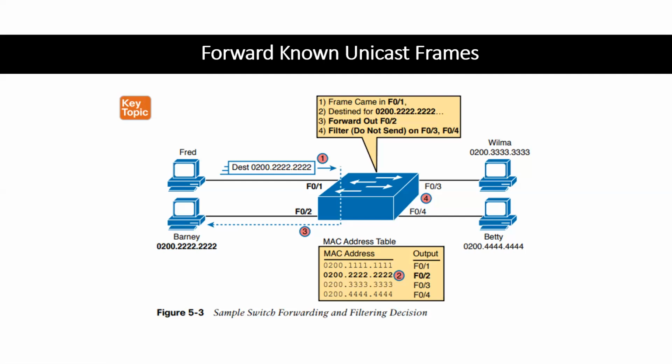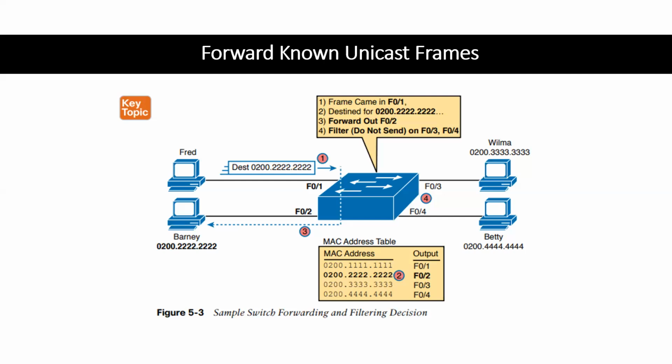A frame came in on Fast Ethernet 0/1. It is destined for .2222, and I'm saying the last four numbers, right? Forward out Fast Ethernet 0/2, right? And filter, do not send to Fast Ethernet 0/3 or Fast Ethernet 0/4.